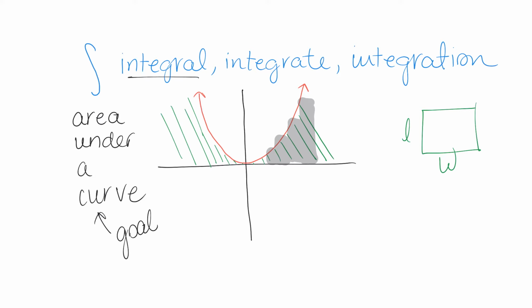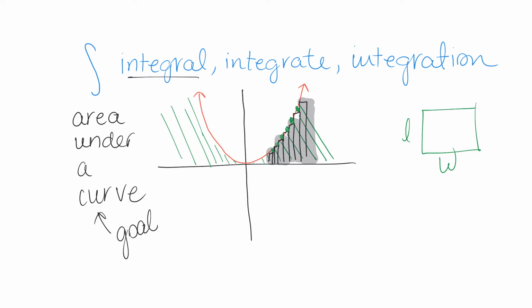Okay? Now, as you can see, there are some methods you could use to estimate, right? You could do this whole rectangle thing, and you could potentially find the area of all these rectangles and add them together. But you can see that even then I'm missing little parts, right? My rectangles aren't hitting that curve perfectly.